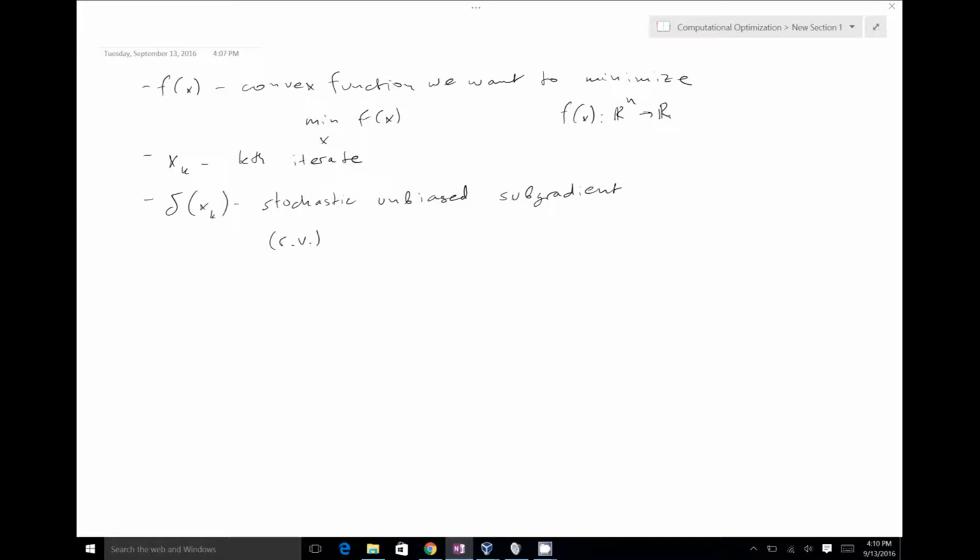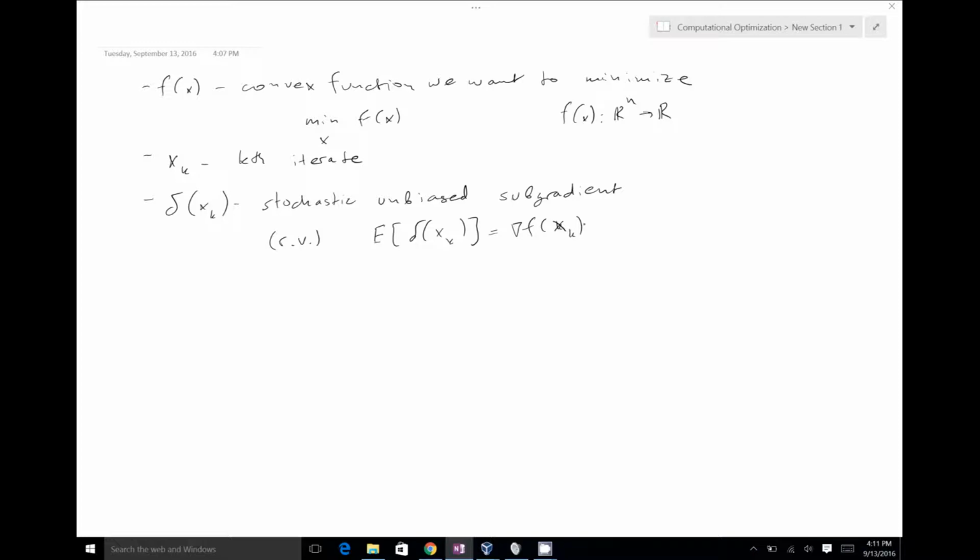The second word, unbiased. So does anybody remember what unbiased means from statistics or any statistics class that you've taken? It's a property about the expectation. So it means that the expectation of this random variable is equal to the gradient of f, okay?